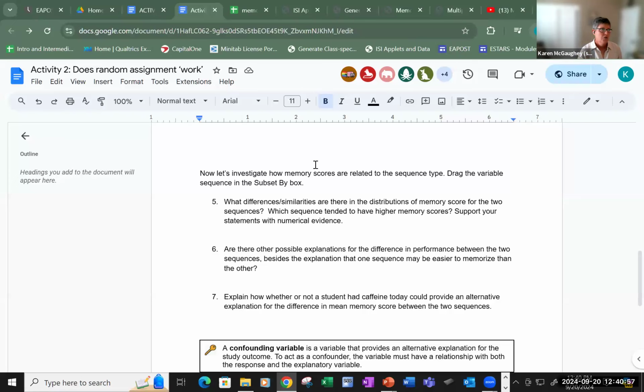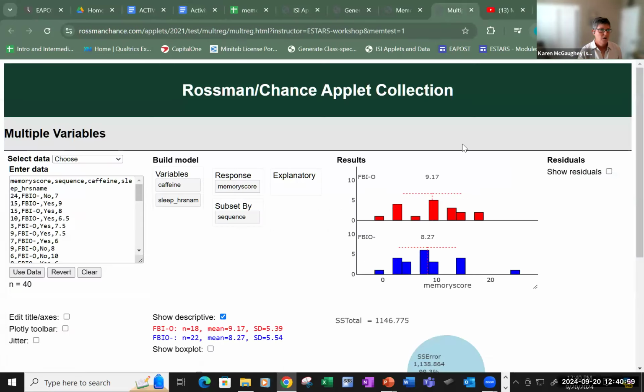Okay, so are there other possible reasons why this sequence has a higher mean compared to this sequence, besides the fact that the sequences were different? So what do you think? Are there any possibilities?